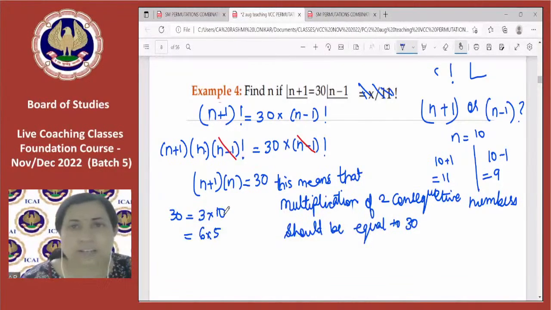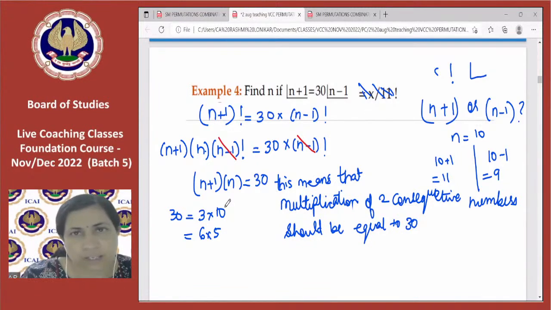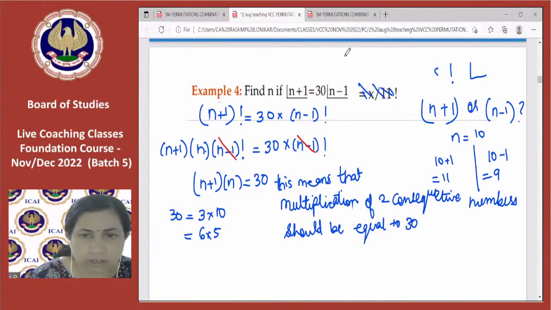Are 3 and 10 consecutive numbers? What are consecutive numbers? Numbers that appear one after the other on the number line: 1, 2, 3, 4, 5, 6. If I talk of 9 and 8, are they consecutive? Yes, they are consecutive. But if I talk of 9 and 7, are they consecutive? No, because then there is a number 8 in between.